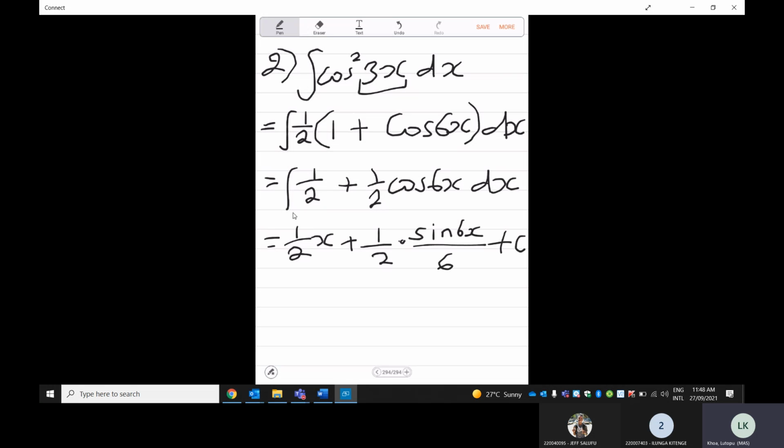Then you add your constant of integration. Okay, then we can rewrite this. This is x over 2 plus sine 6x over 12, and then we have our constant of integration. So don't forget the constant of integration. In the test, you will lose marks if you don't write it. So make sure that you do, in fact, write it.